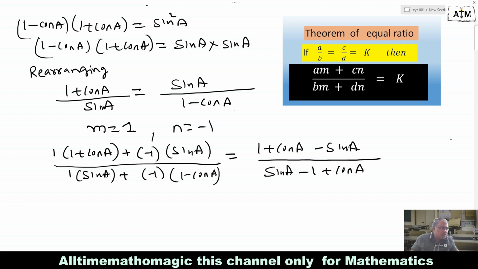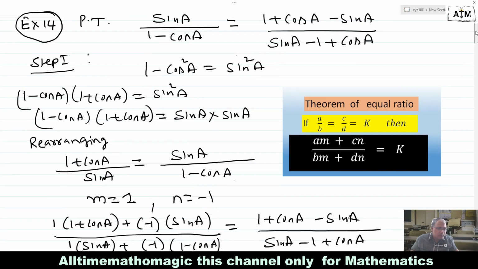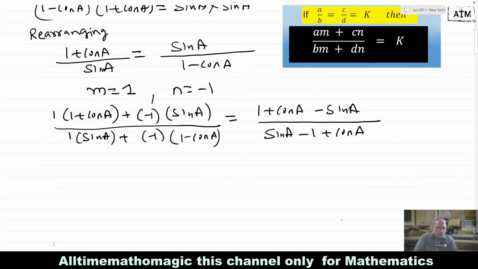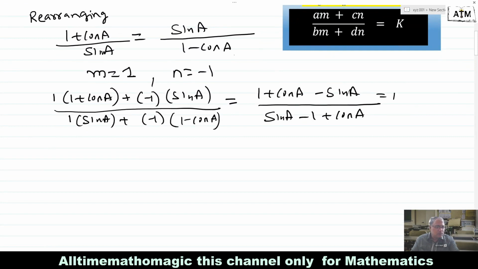What is RHS? RHS is 1 plus cos A minus sin A upon sin A minus 1 plus cos A. Here we got 1 plus cos A minus sin A, and sin A minus 1 plus cos A. Therefore, this is nothing but equal to RHS.